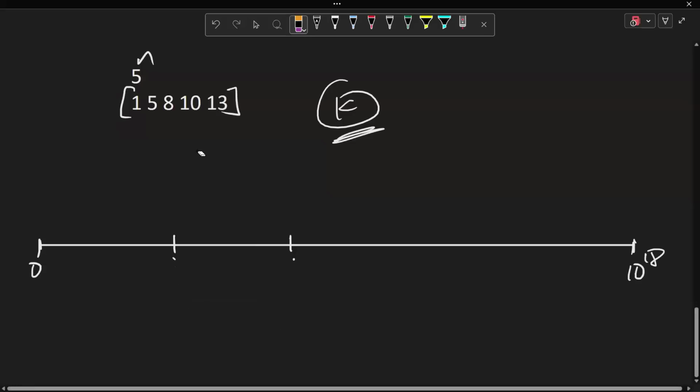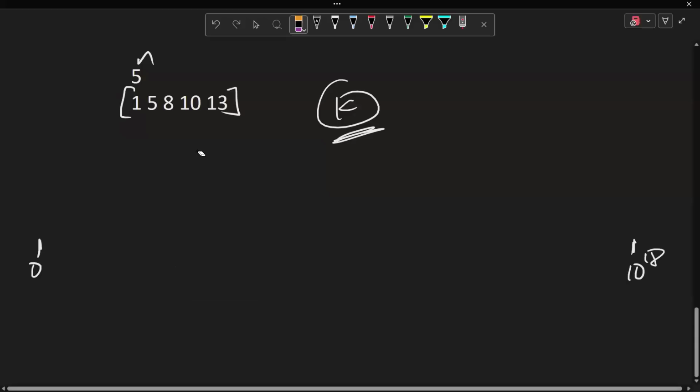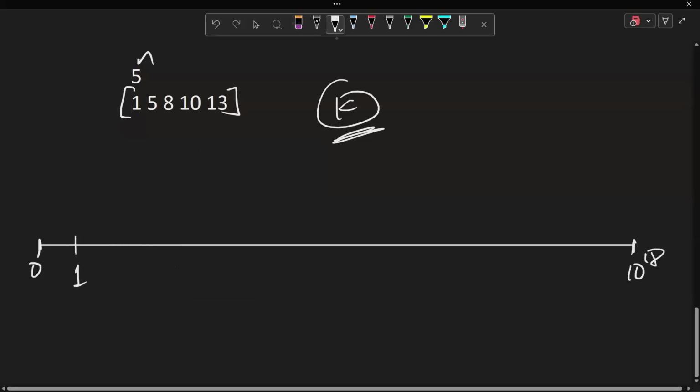In your final answer, what you should have is cell number 1, cell number 5, cell number 8, cell number 10, cell number 13. These should be painted black. All the remaining cells, like cell number 0, should be white.